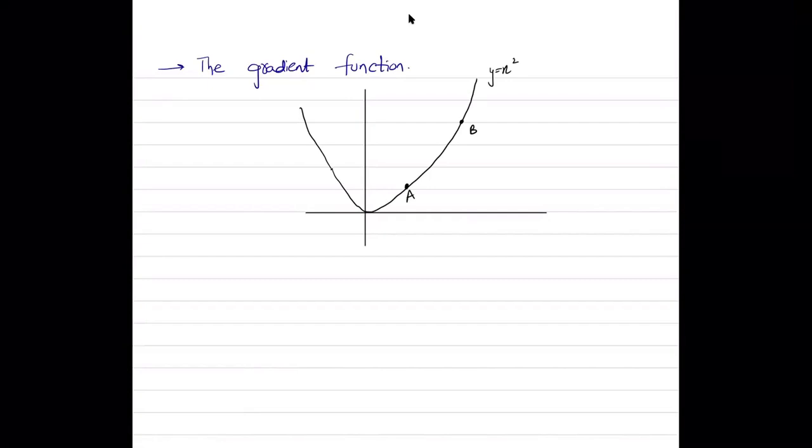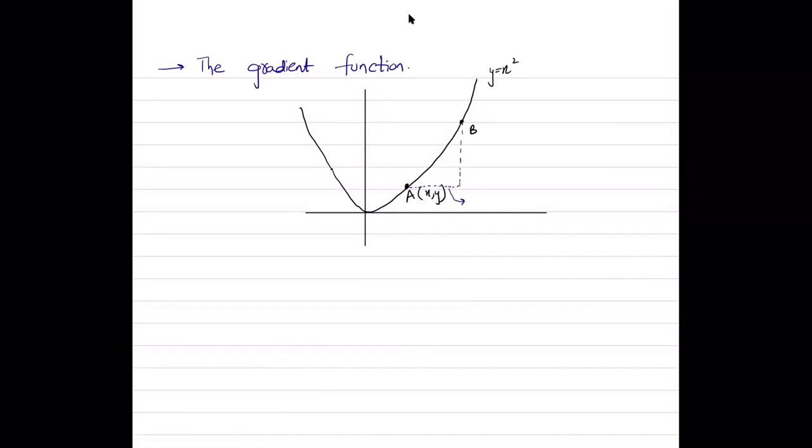Let's say point A is (x, y), and point B is very, very close to point A. When I say very, very close, I mean that there is hardly any change, a very small change.